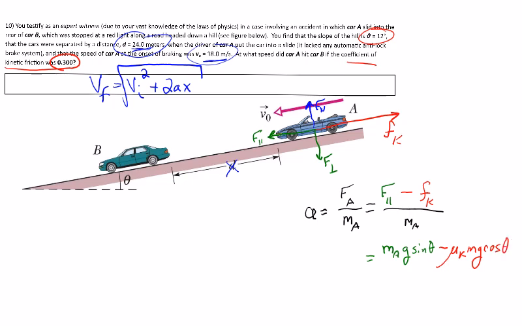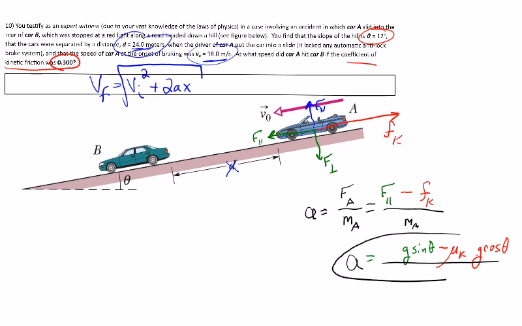And then divide the whole thing by the mass A. The nice thing is the mass A is going to cancel from everything. Bye-bye mass A, bye-bye mass A, bye-bye mass A. What we're left with is g sine theta minus mu k g cosine theta. And that is your acceleration for the car.